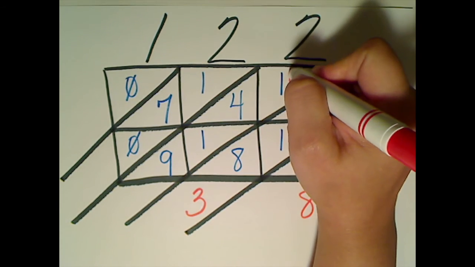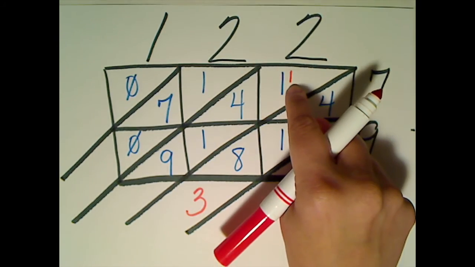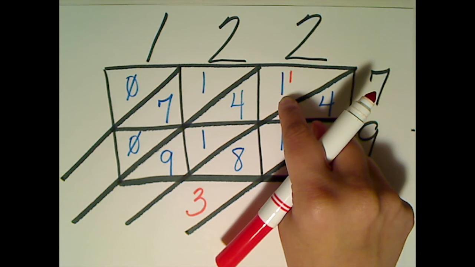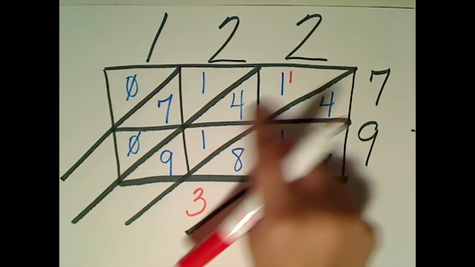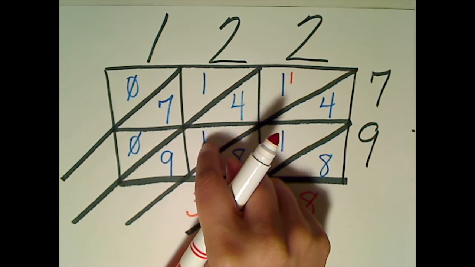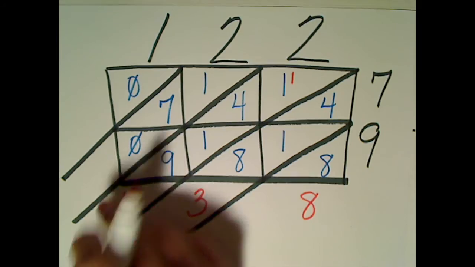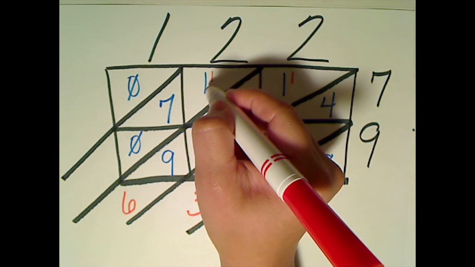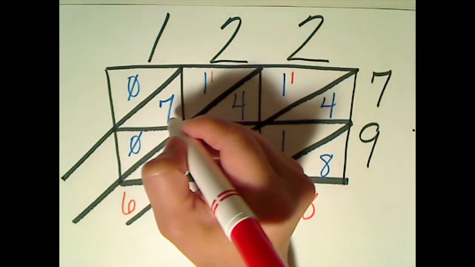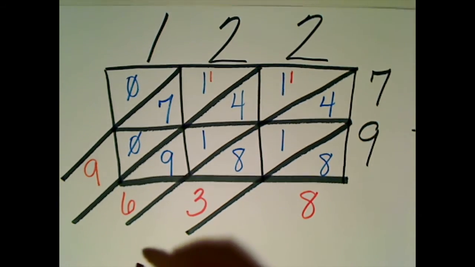You carry that 1 in the tens column to the next box in the tens. 1 plus 1 is 2, plus 4 is 6, plus 1 more is 7, plus 9 is 16. We have 6 ones, carry the 1 in the tens place. 1 plus 1 is 2, plus 7 is 9. Bring these down.